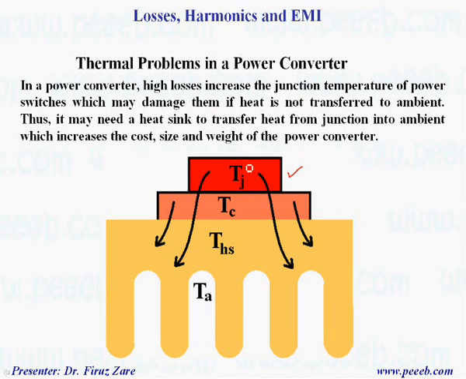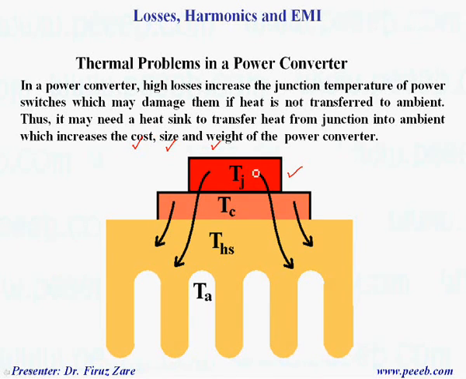In a power converter, high losses increase the junction temperature of power switches, which may damage them if heat is not transferred to ambient. So it may need a heat sink to transfer heat from junction into ambient, which increases the cost, size, weight of the power converter.